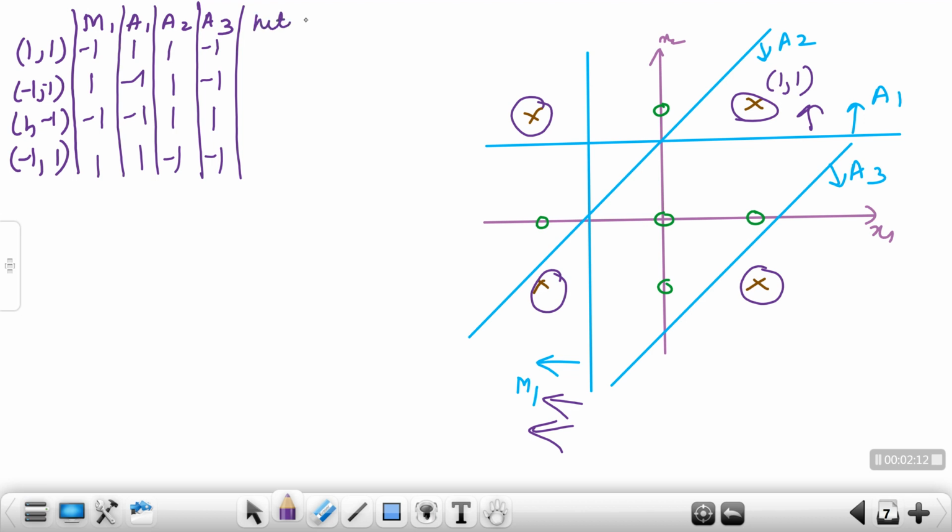So I can calculate the value of net. Net will be M1 plus A1 plus A2 plus A3. And you see that net will come to 0 for all these points from class 1.